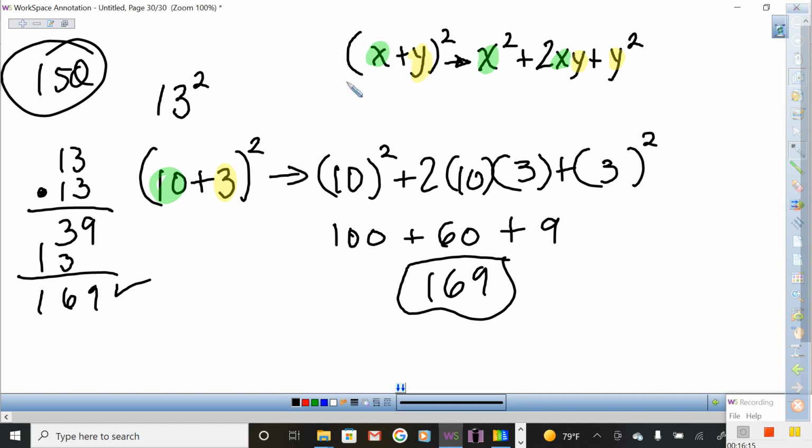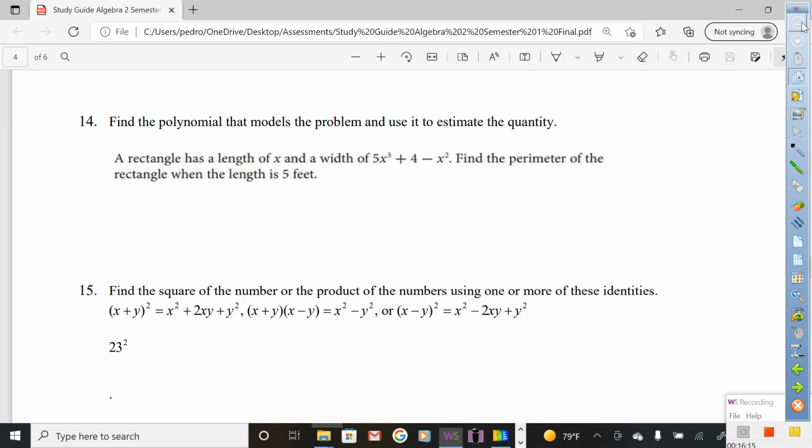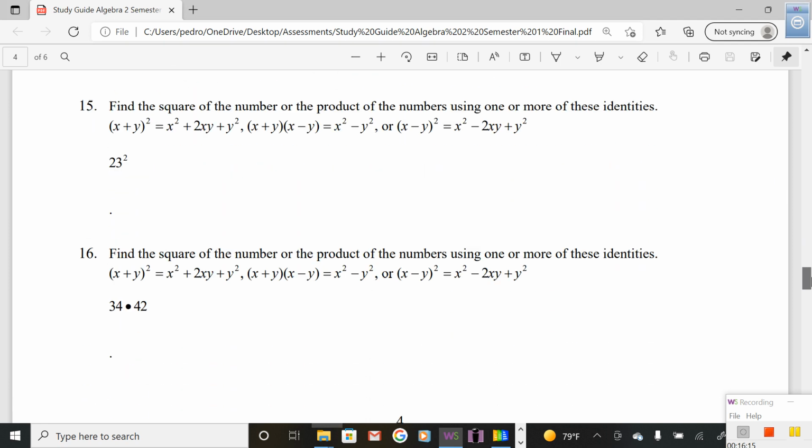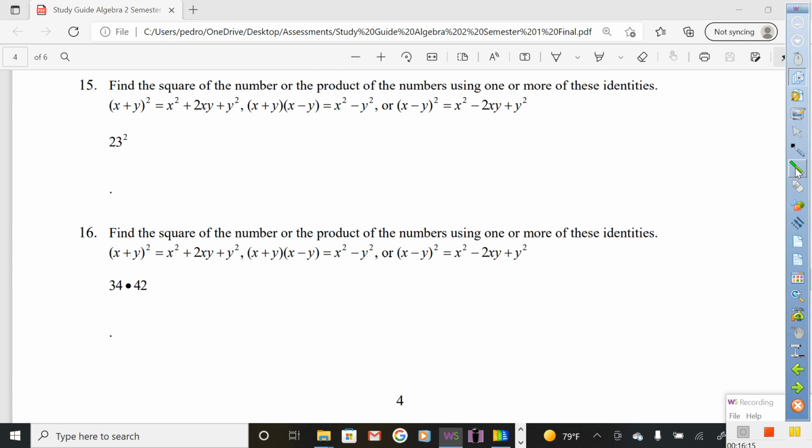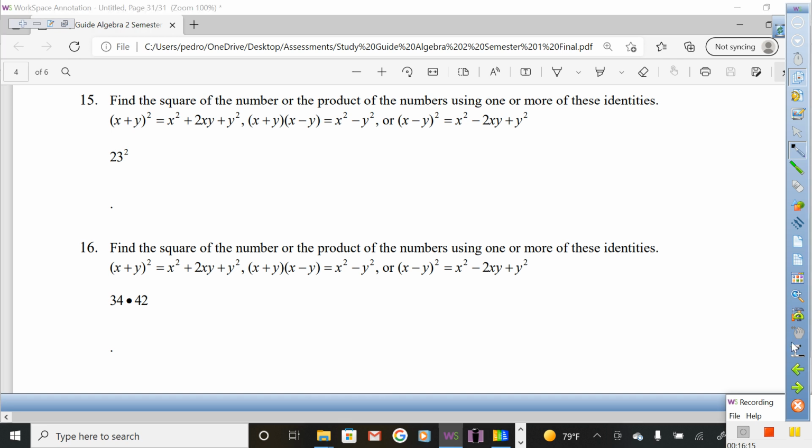But today we're using what? Identities. So, go to number 15 on your study guide, do number 15 by yourself, using the identity. And yes, if you already did it, do it again. Give you some time for that.